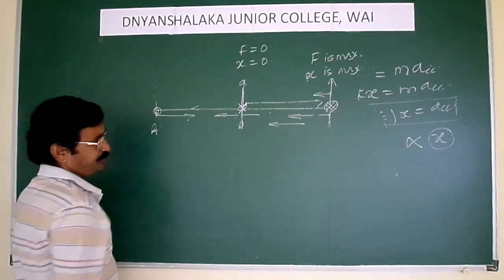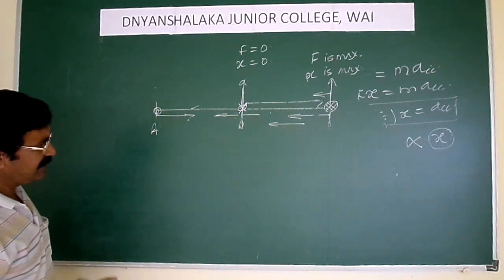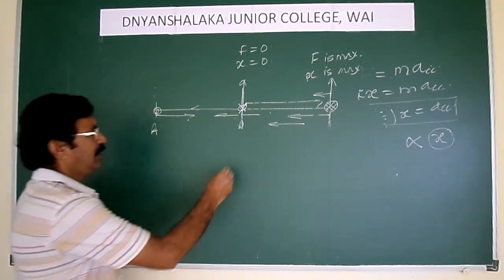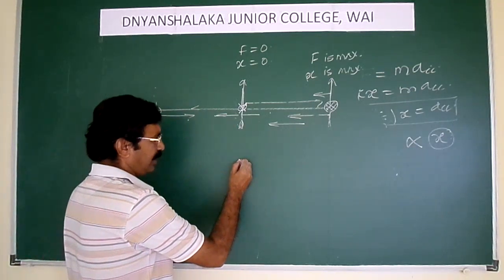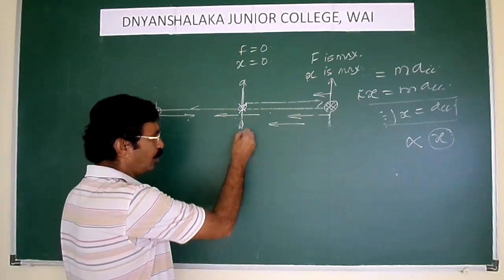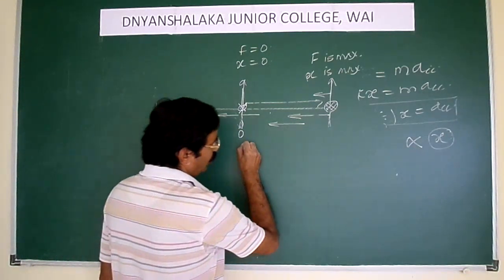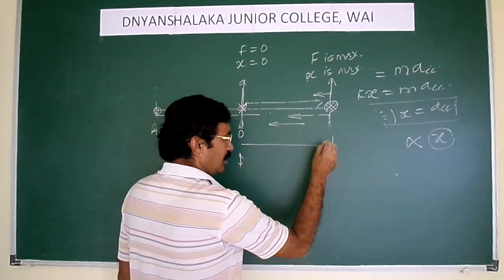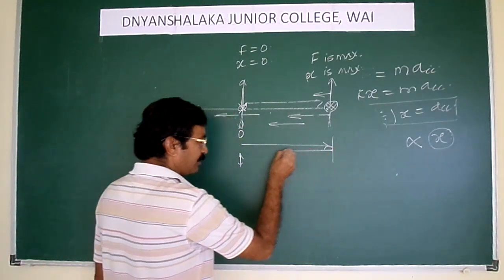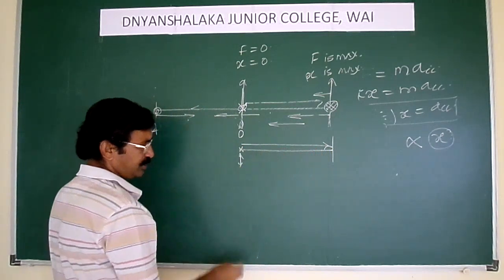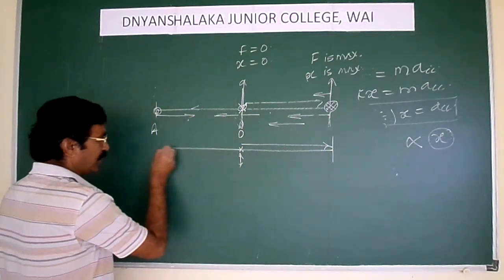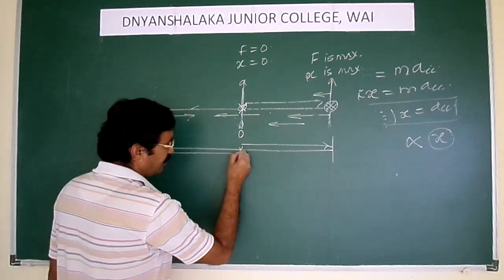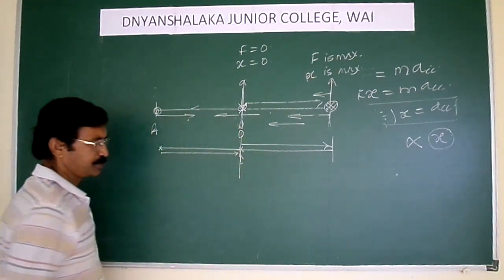Now, when we see this particular motion, it begins at the mean position, say O. The particle goes to one of its extremities, stops there momentarily, and returns to its mean position, goes to the other extremity, stops there momentarily, and returns to its mean position.